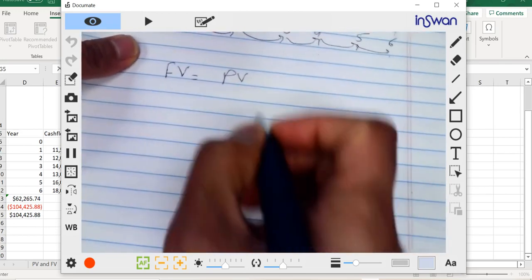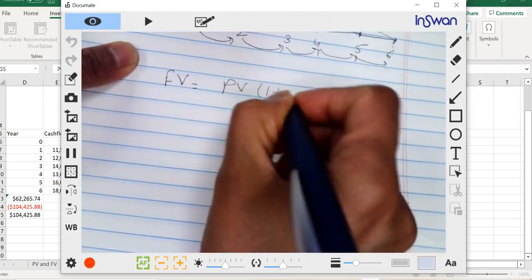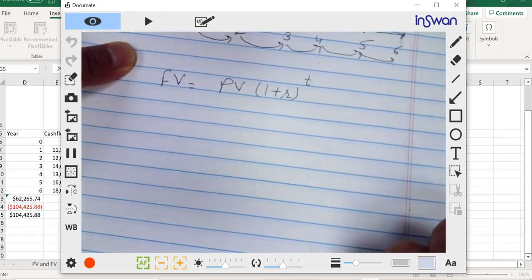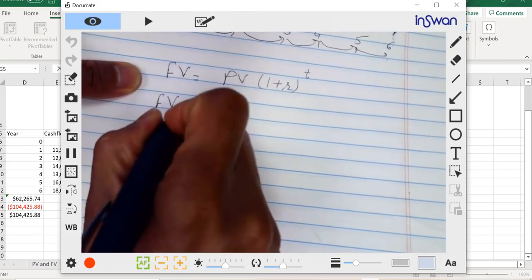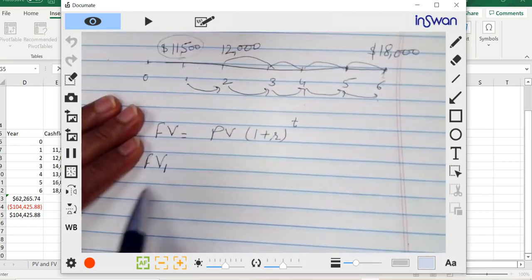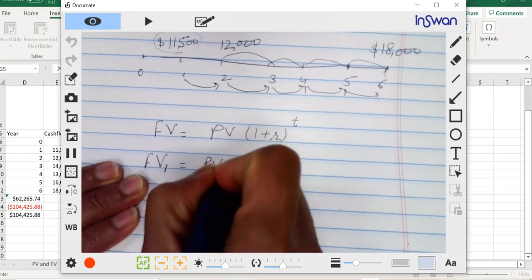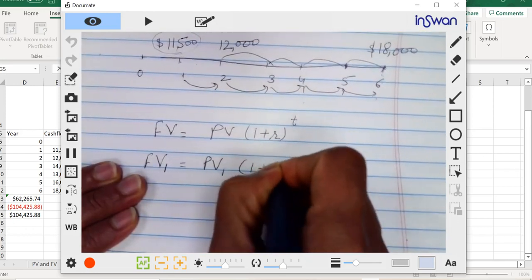present value times 1 plus r to the power t. This is our formula for future value. So if you want to calculate the future value for this cash flow, which is at time t1, that would be the present value at time t1 times 1 plus r.